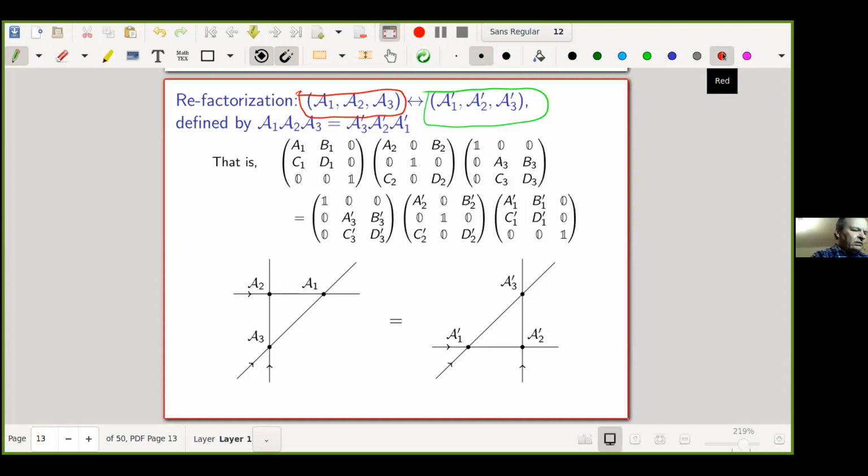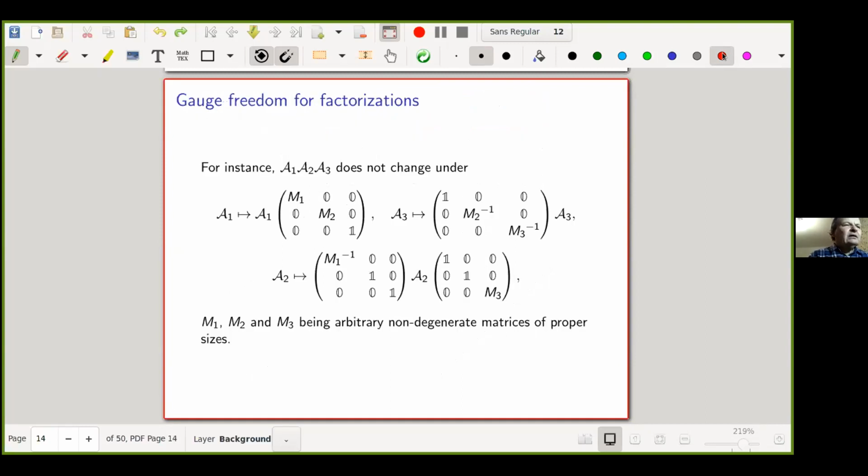So this is what I want to consider now, and what is below is just a picture that corresponds to this refactorization problem.